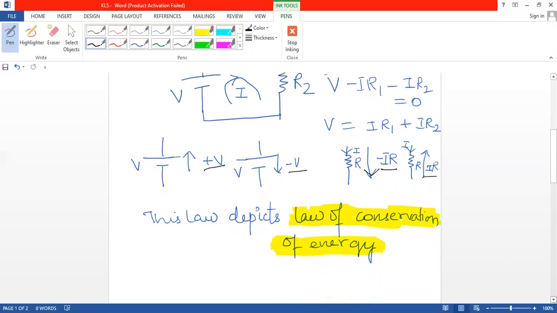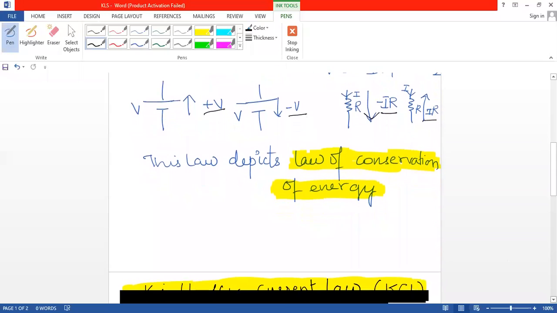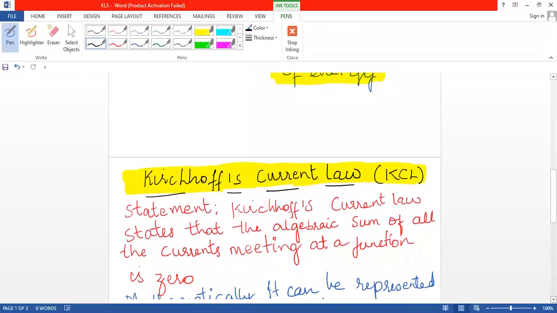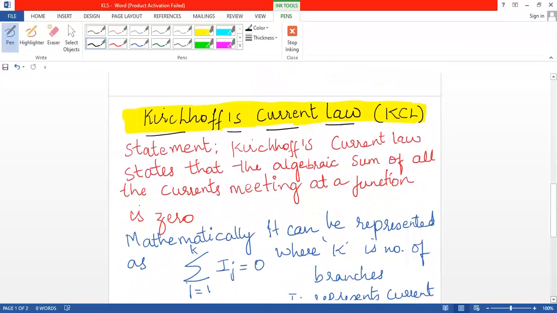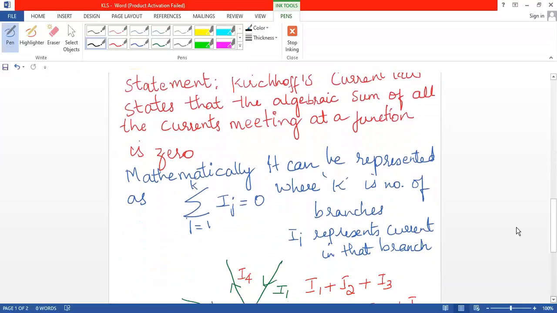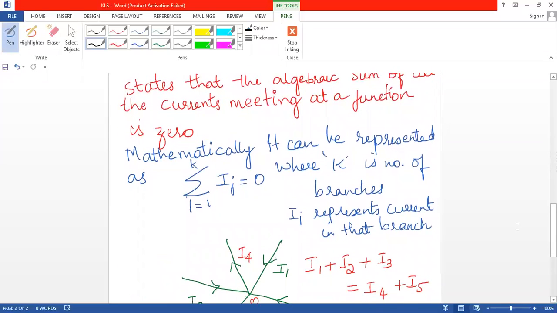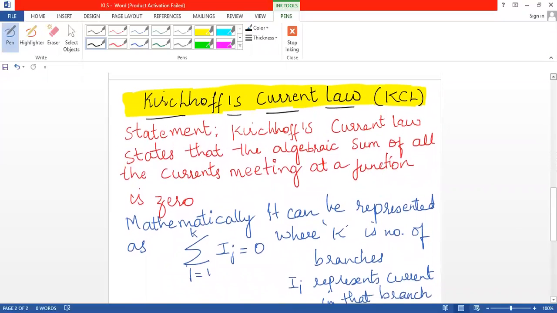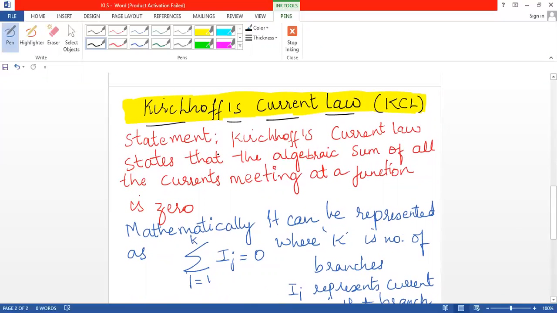Now coming to Kirchhoff's current law, or in short KCL. What does Kirchhoff's current law state?